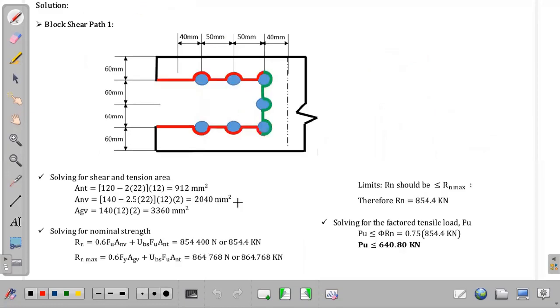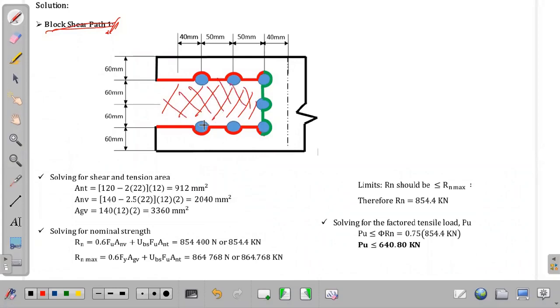So we have here for the block shear path 1. So let's say this is the path 1. Ang block shear path 1 ko, ito, natanggal yung dito. Okay? Yan, natanggal yan.